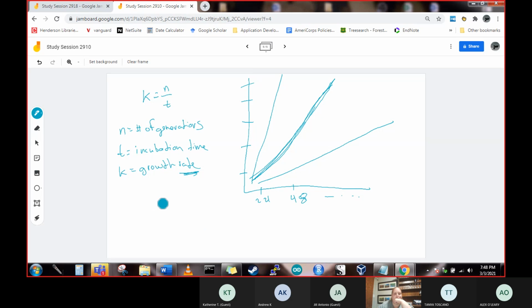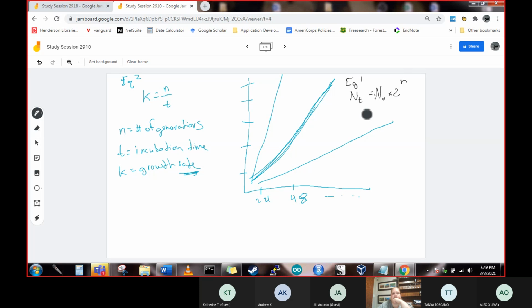So what they were talking about in the equations was combining these 2 equations. So if this is equation 2 and equation 1, Nt equals N0, so whatever we start with, times 2 to the n.